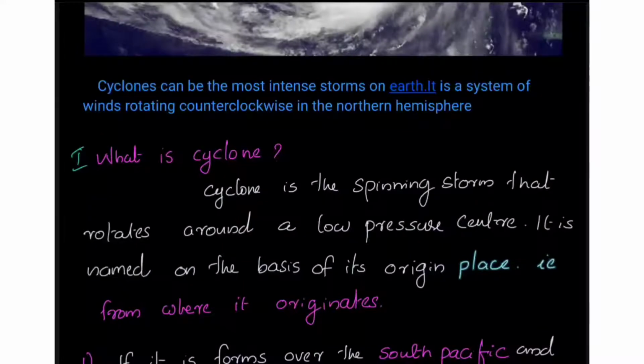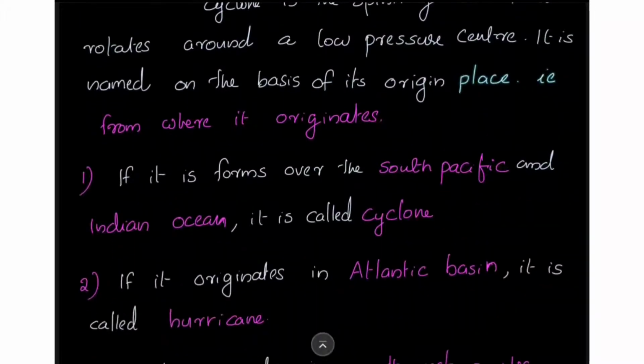That is, cyclone is nothing but a spinning storm, a high speed rotating storm around a low pressure center, and it is named depending upon its origin place. The spinning storms are classified into three. If it forms over the South Pacific or Indian Ocean, it is called the cyclone.